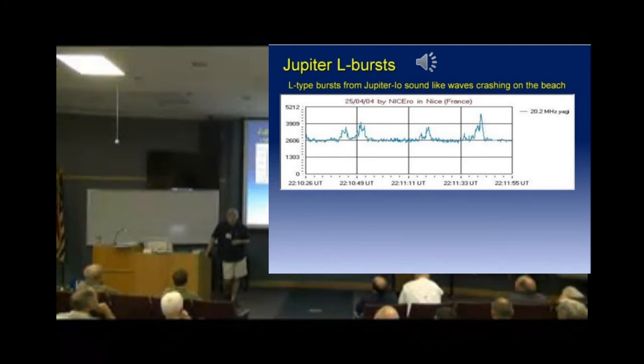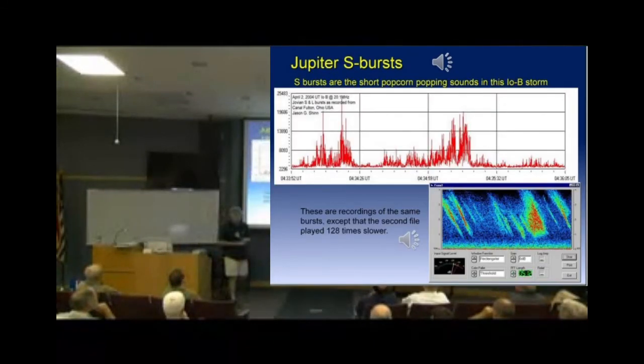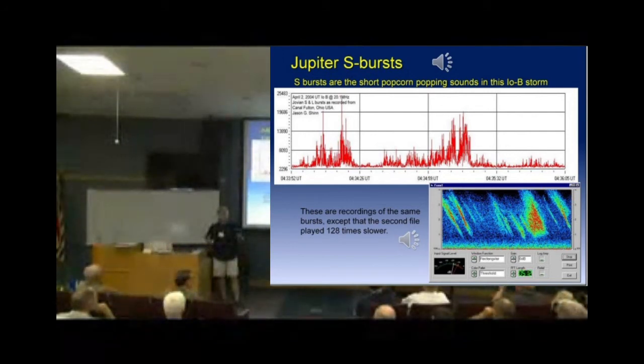And that is coming from Jupiter's magnetosphere and being modulated by interplanetary space. So that's why you get the bursty nature in part, and the ocean waves crashing sort of structure. So that's the long bursts, which are hundreds of milliseconds to seconds in length.